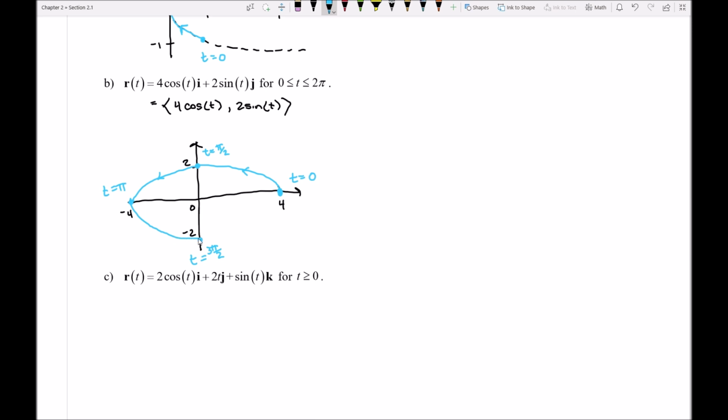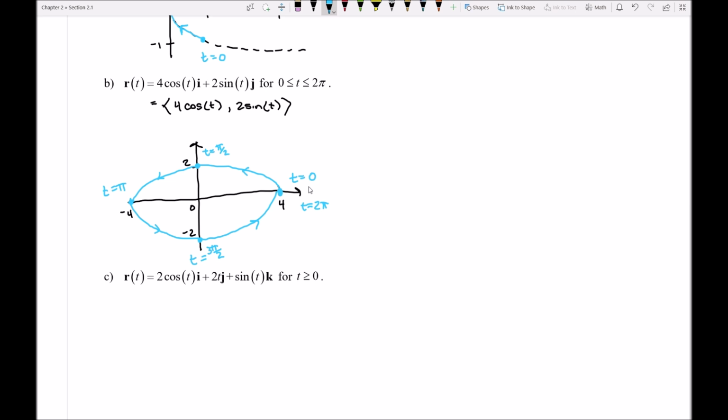If I was to go all the way to t being 2 pi, I would actually find that I'd be right back to where I started. So when t is equal to 2 pi, I'm at the same exact spot that I was when t was 0. So this is interesting.